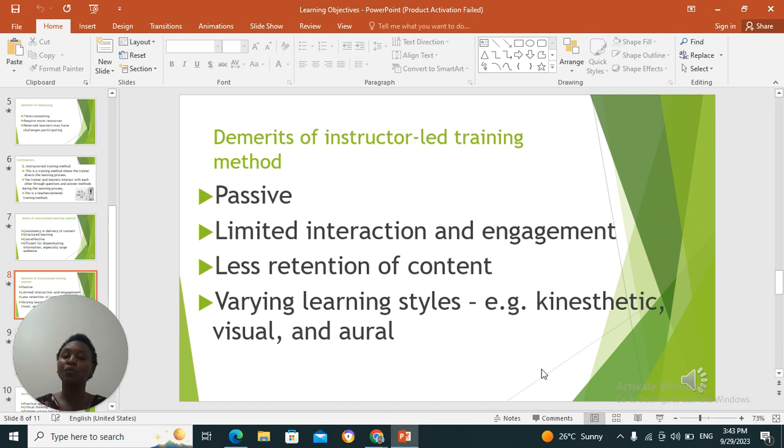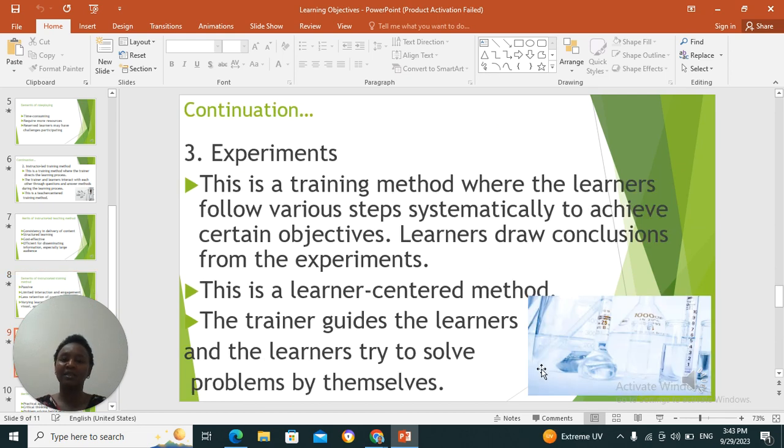Those learners who can learn through doing are not going to benefit from instructor-led training. So because of the learning style, all the learners will be able to retain less. People tend to remember what they see than what they hear. So those are some of the disadvantages.